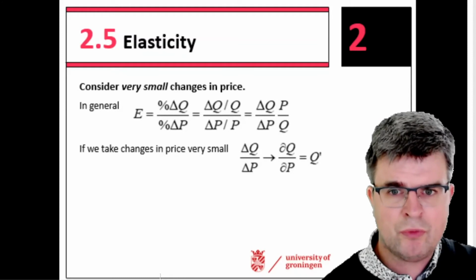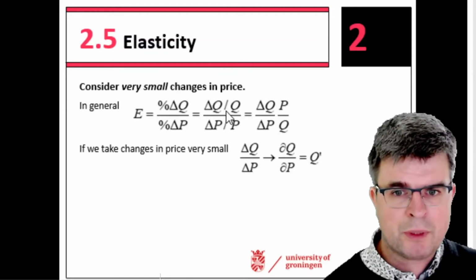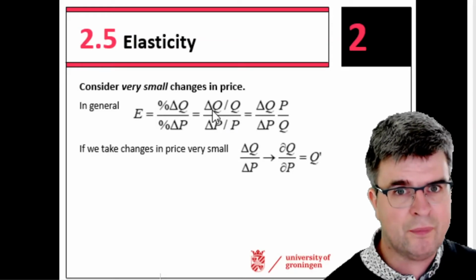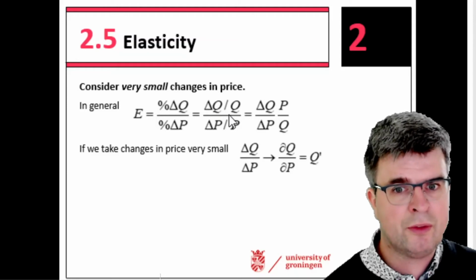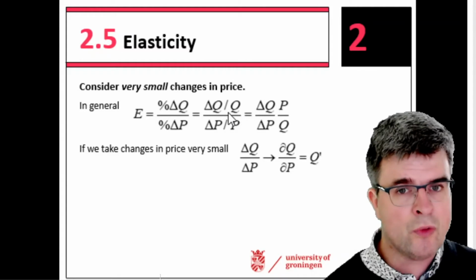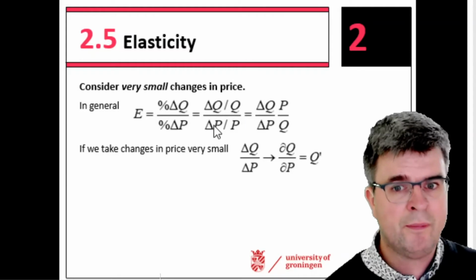Now, the general formula is that for the price elasticity of demand, we look at the change in the quantity that's demanded, the delta Q, over the original quantity. So this is 1.3 barrels of oil over the original 100.